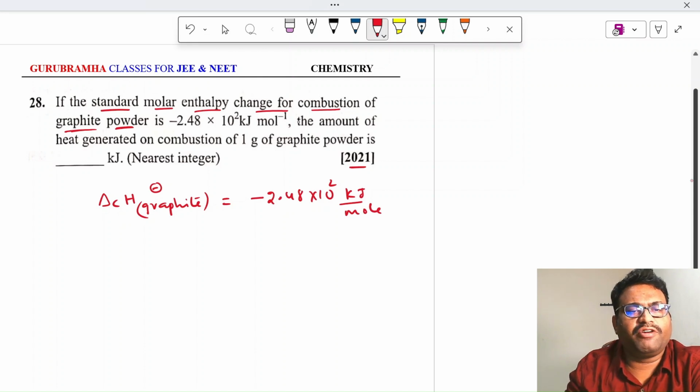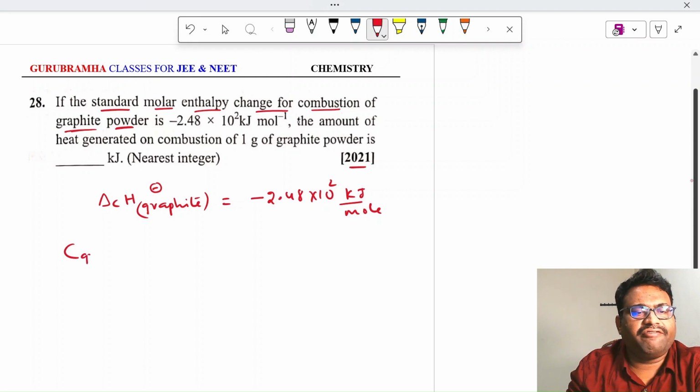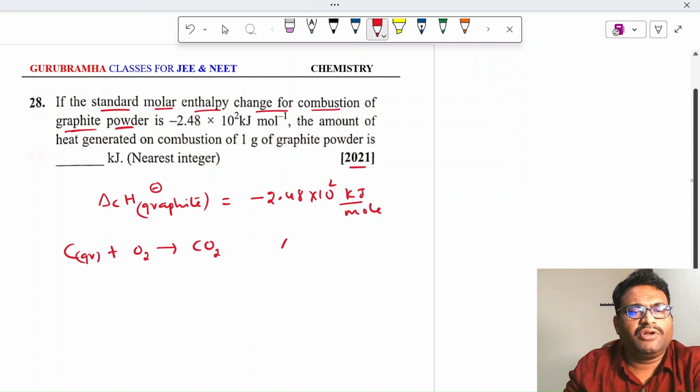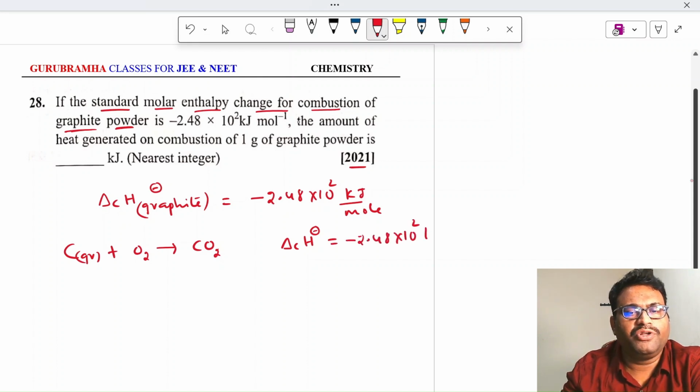If you write it in the form of an equation, C graphite plus O2 gives CO2, enthalpy of combustion is equal to minus 2.48 into 10 power 2 kilojoule per mole. In this way we write.